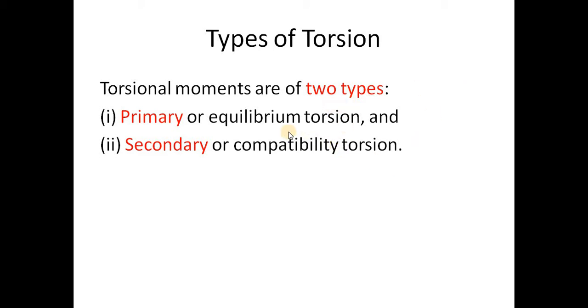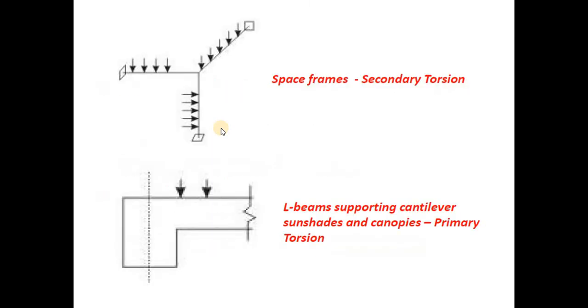You can see how this torsional moment, or torsion, is generated in a structure. Before understanding the types, we'll see how this torsion is generated. First of all, let us think that this is an x-axis and y-axis frame.